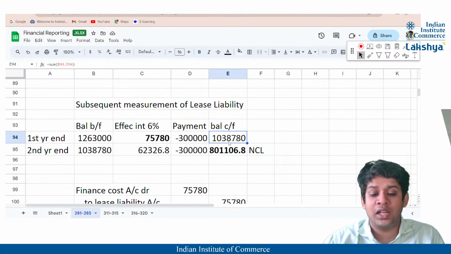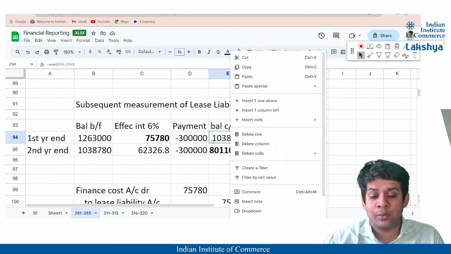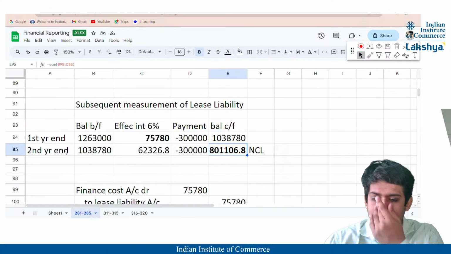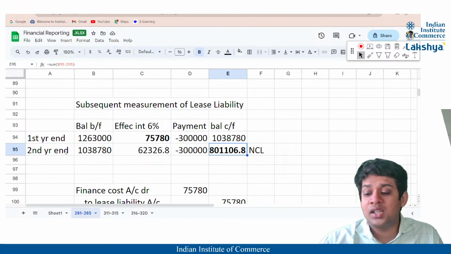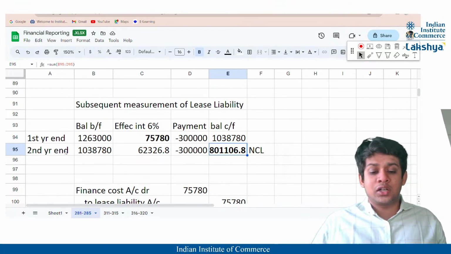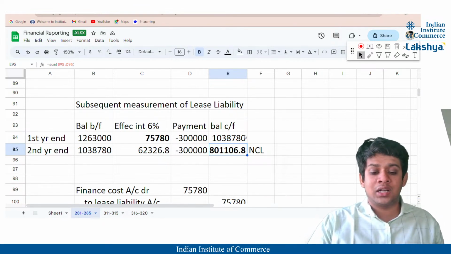But you can see the liability was 10 lakh something at the first year end. It has reduced to 8 lakh something by the second year end. So my liability has reduced from first year end to second year end. Technically I have made certain payments for it by the second year end, so that reduction is there because of the payments made. So that will be my current liability.